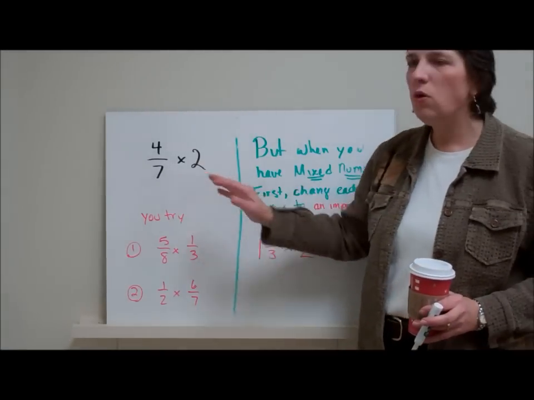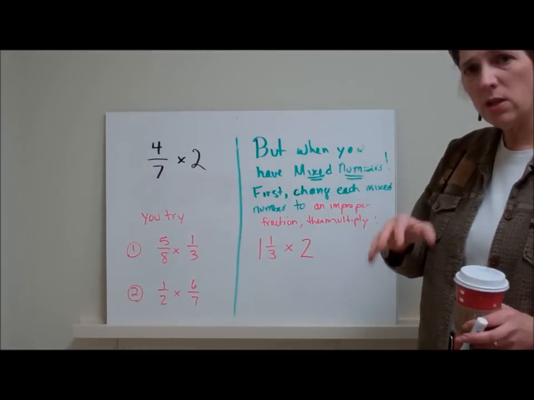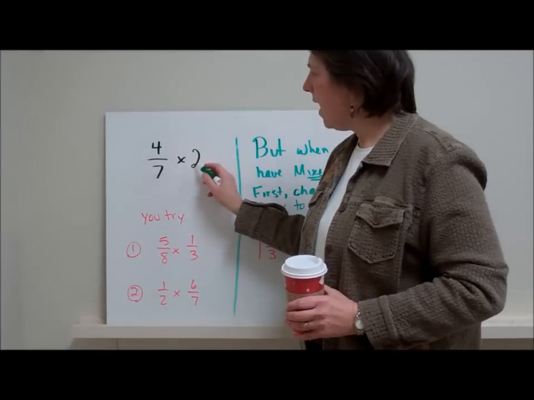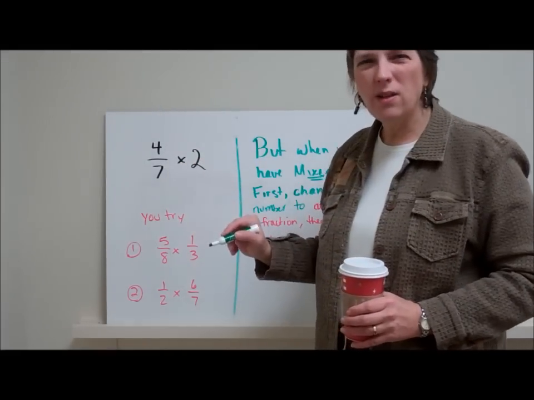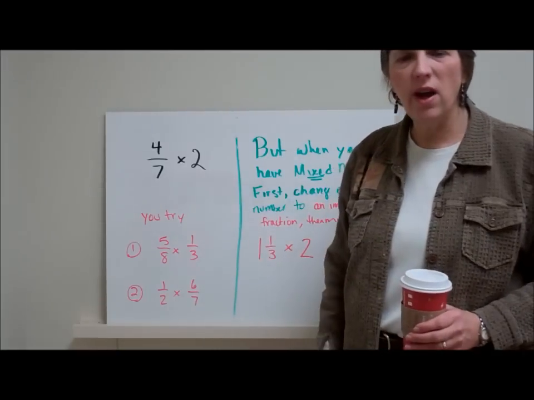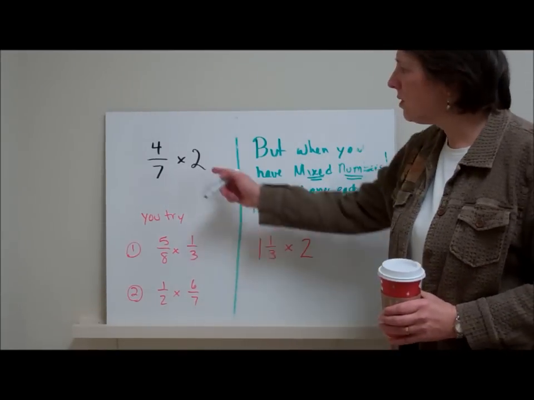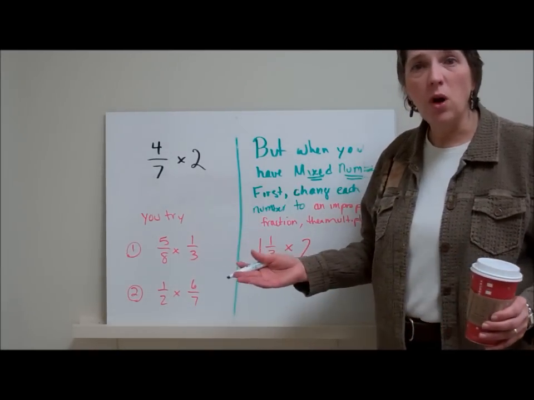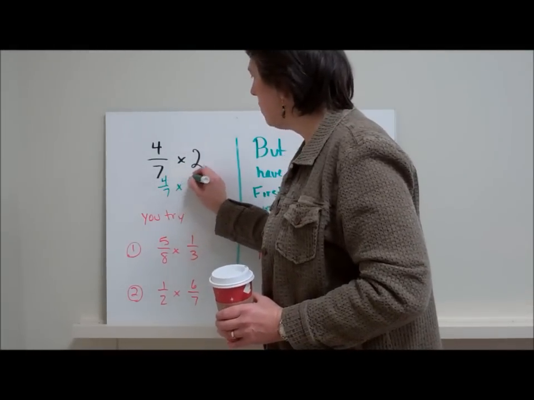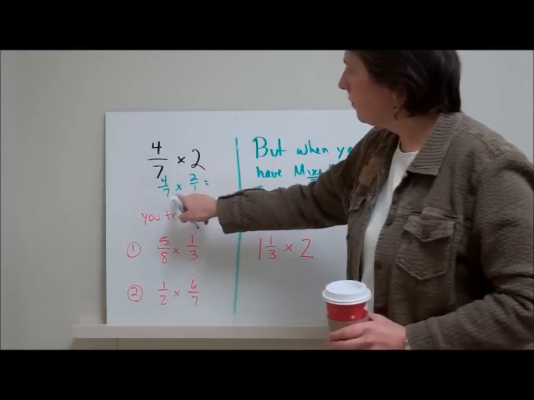So given that, let's look at this. When we throw a whole number at you, it's not a mixed number, it's just a whole number. So when I do that, I have to rewrite the whole number over what fraction? How can I write 2 as a fraction? 2 over 1. So I'm going to write 4/7 times 2 over 1.